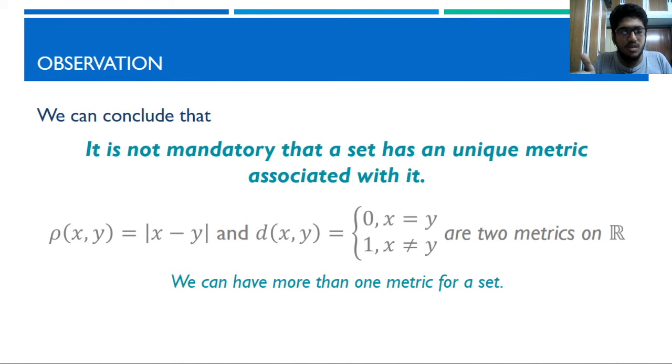It turns out the same set can have more than one metric. Notice what we are doing. We are not going to any textbook to find out or generalize some properties. We are just observing. We just looked at some examples and found, oh, there is something interesting. The same set can have two metrics. So we have understood something better about the definition we are learning right now.